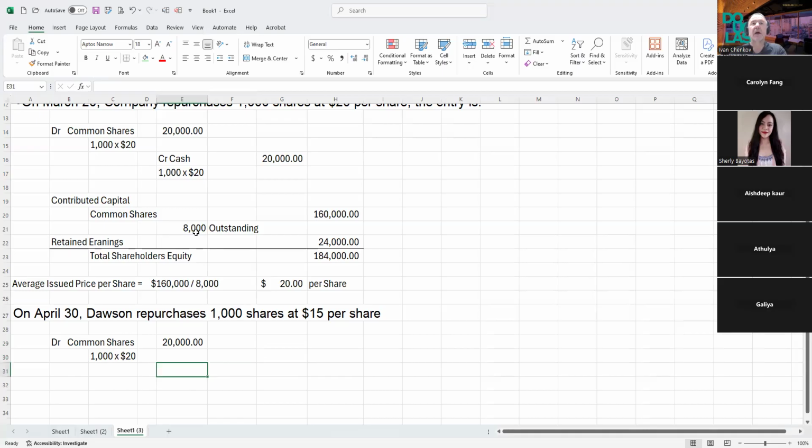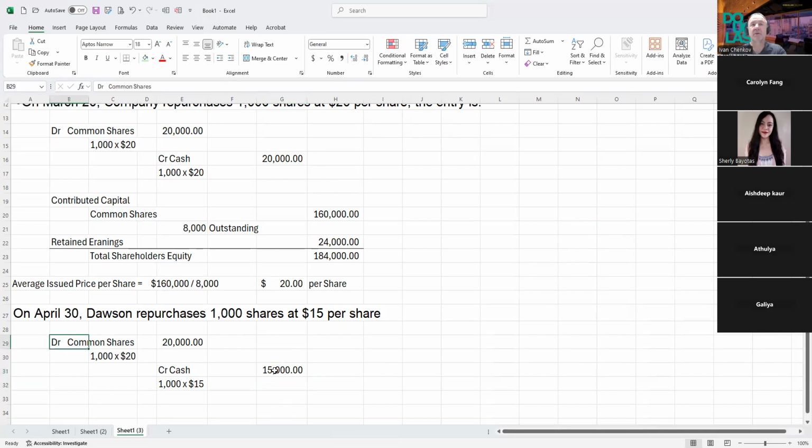Now the question is how much cash we pay for that. We pay for those 1,000 shares $15 per share, so that will be 1,000 times $15. We pay 15,000.